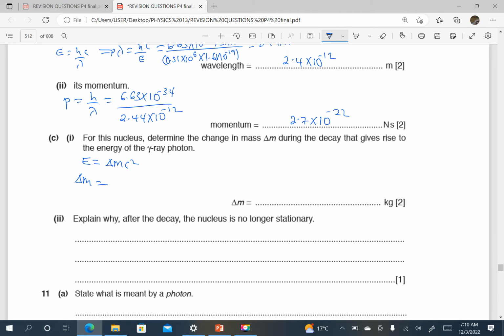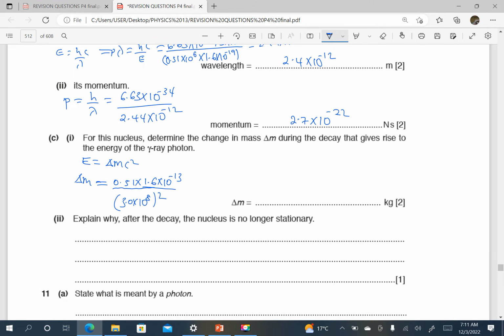Change in mass is going to be the energy, which was given above as 0.51 times 10 power 6 times 1.6 times 10 power negative 19, which gives 1.6 times 10 power negative 13. That one is changing it to joules, because mega is 10 power 6, and an electron volt is 1.6 times 10 power negative 19 joules. So that is the energy, and then c squared, that would be 3.0 times 10 power 8, squared.